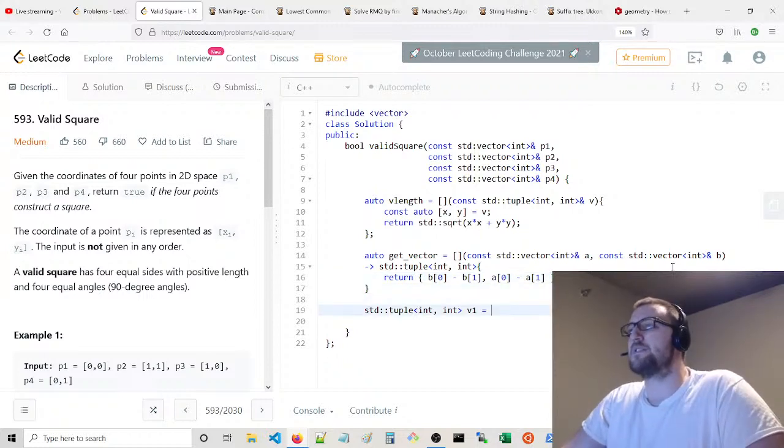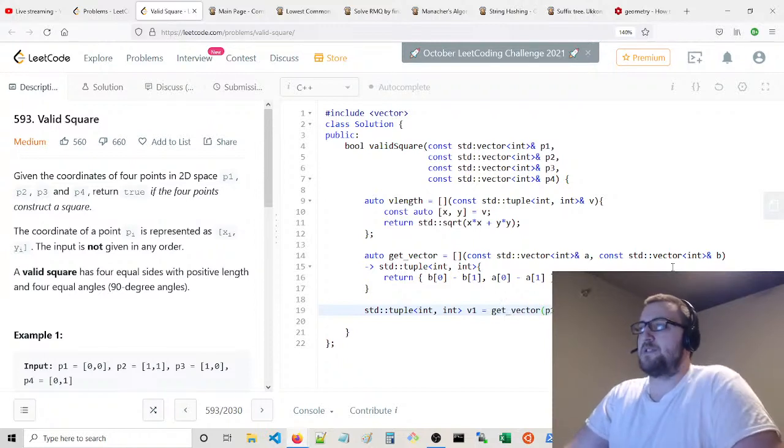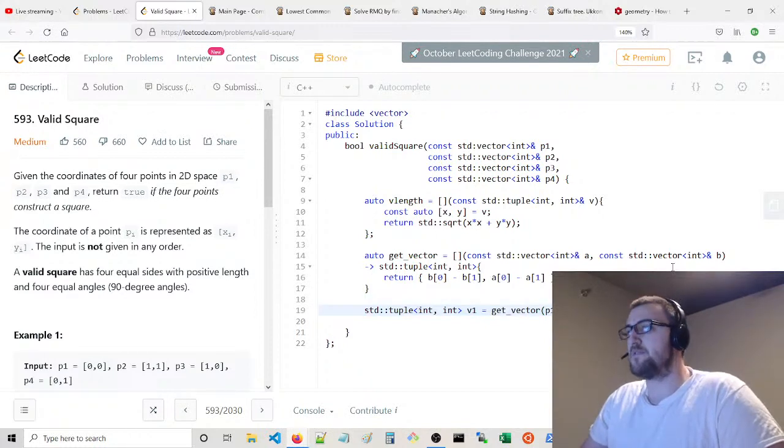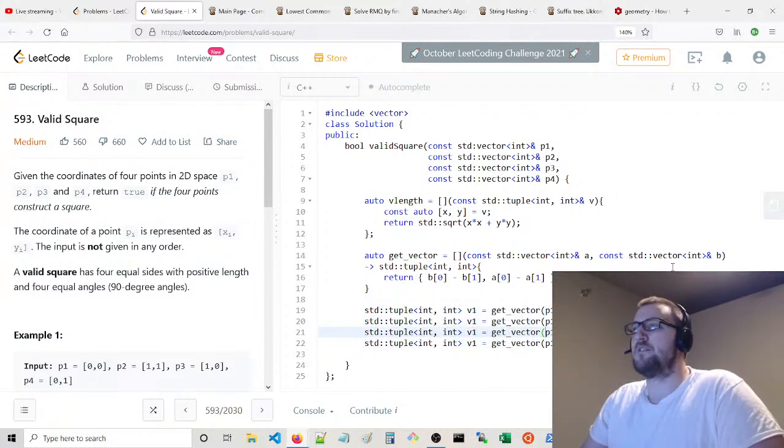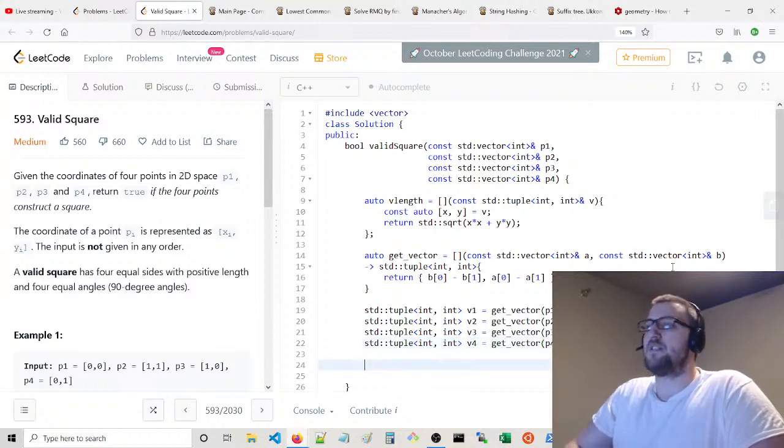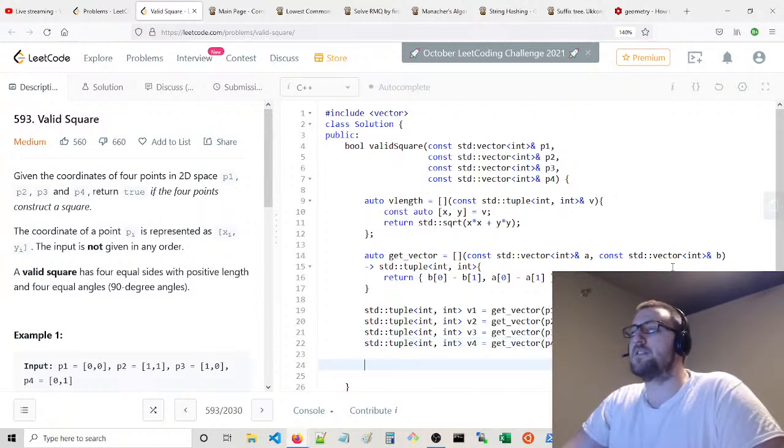So we're going to say get vector of p1 to p2, and v2, v3, v4 are p2 to p3, p3 to p4, and p4 to p1. And then we're going to normalize vectors, or actually, check lengths.